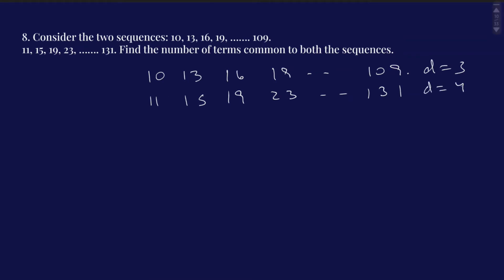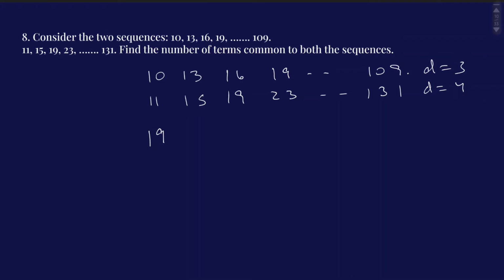Okay, so now the key to this question is we need to find the first term common to both the series. So in this case we can see that 19 is common to both the series. Okay, so our first term is going to be 19. Now what will be our common difference?